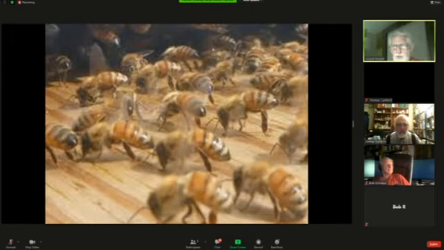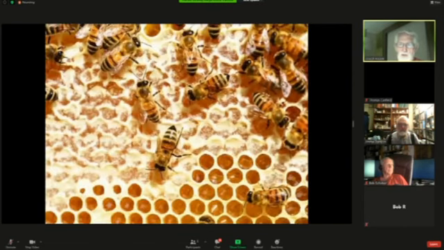So they're, quote, flying in place, collectively making quite an air current to speed up the evaporation process so that when the honey is at the right concentration, they then cap those cells with wax, cover up, and seal it off for later need during the winter months. And they know instinctively at what point it is concentrated appropriately before capping off the cell.